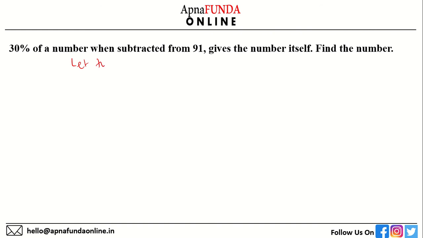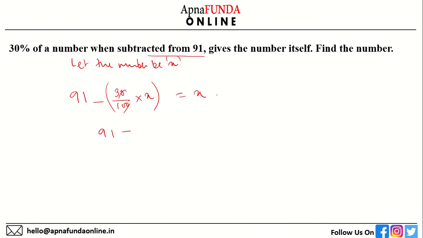So let the number be x. 30% of a number when subtracted from 91 gives the number itself. Correct? So 91 minus 3x by 10 is equal to x.